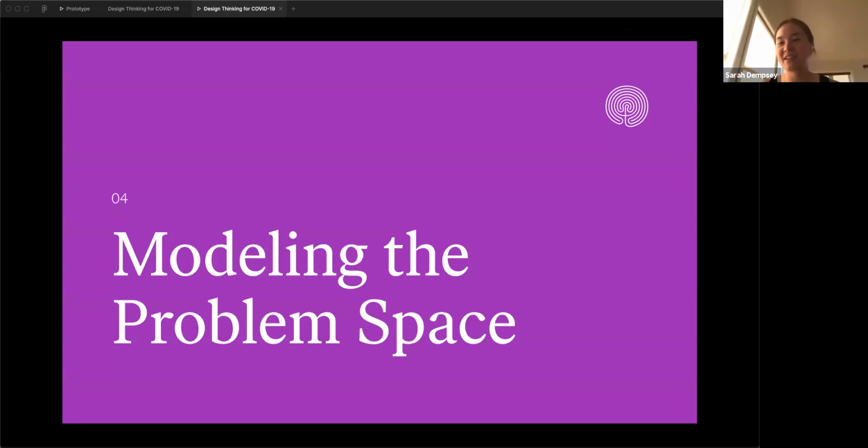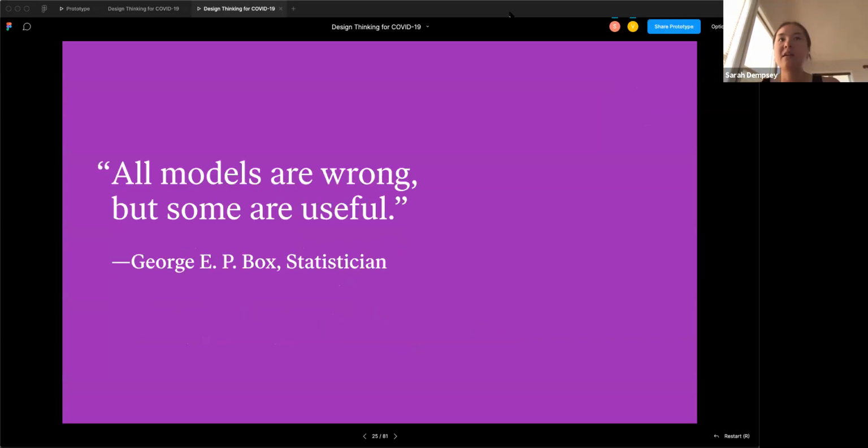Okay, so after we had done all this initial research, we had just learned so much information, and we turned to models as a way to help us digest that information. So models are a tool that we often use at DesignMap in our client projects as well. And the idea of them is not to replicate the problem or represent everything 100% accurately.